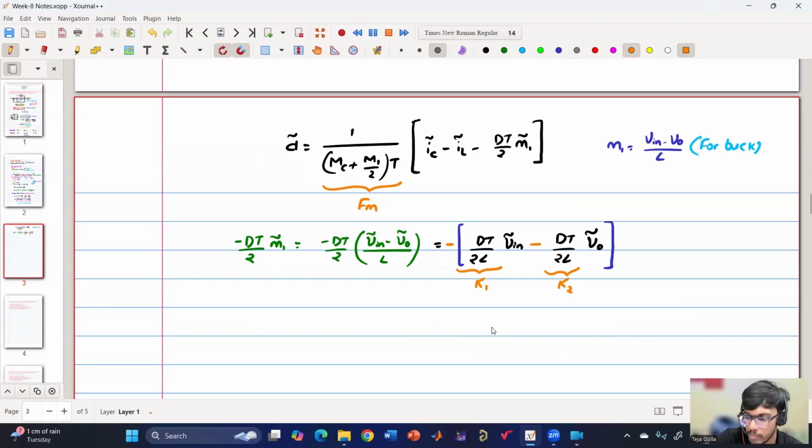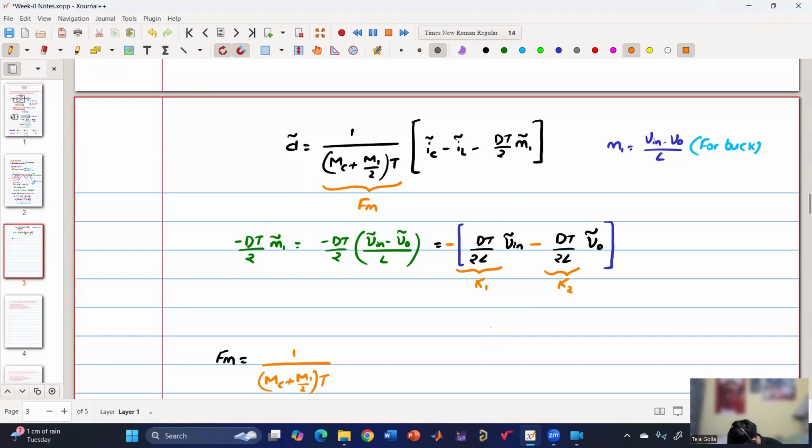So K1, okay, maybe I'll write it. So FM is 1 by MC plus 1 by 2 into T. And K1 is dt by 2L.